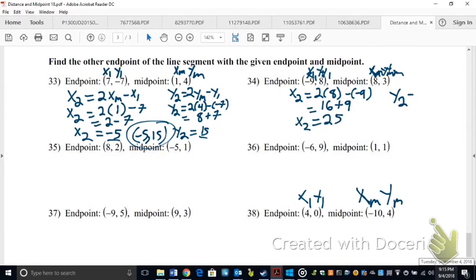For our y, we're going to go 2 times 3 minus a negative 9, or, sorry, 8. So that is going to give us negative 2. So our point is 25, negative 2.